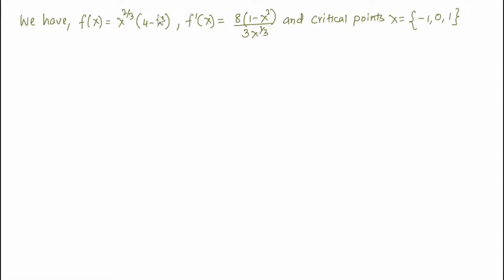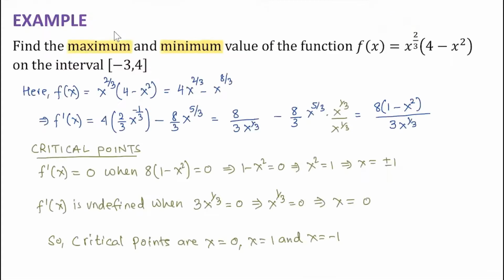Now, if you look at this function, this is defined for all values of x. So meaning of that is the domain of the function is from -infinity up to infinity. But if you look at the question, we are not interested in everything. We want to look at the function from -3 up to 4.